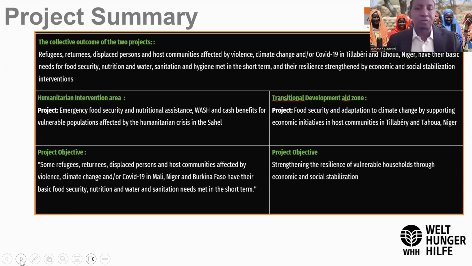So in a nutshell, combining these two projects, we are ensuring that communities that have been affected by the conflicts, by the crisis that I've mentioned, are able to receive immediate aid as they need in the sectors that are important. And these are the sectors of food security, nutrition, as well as wash.